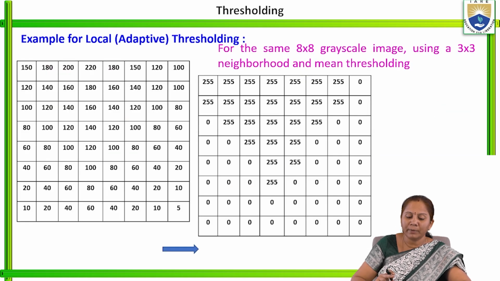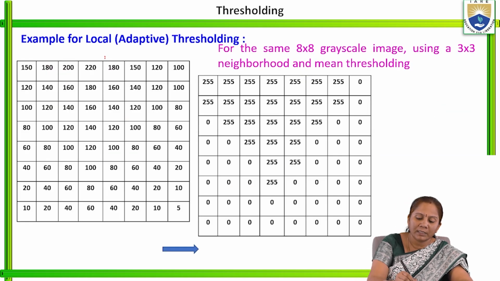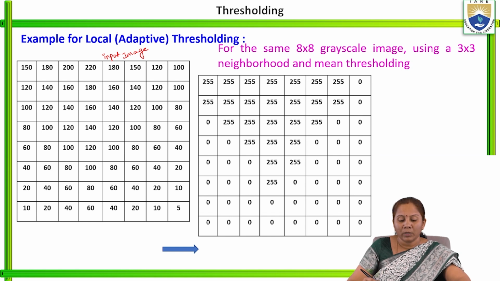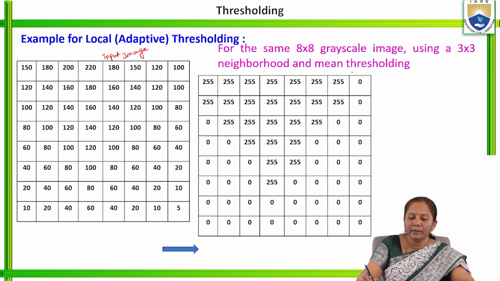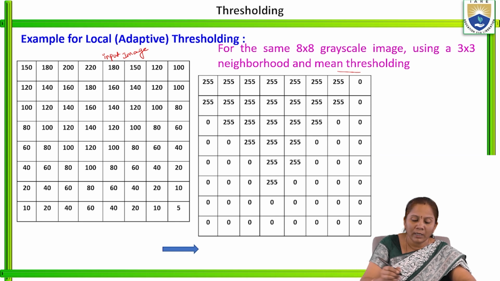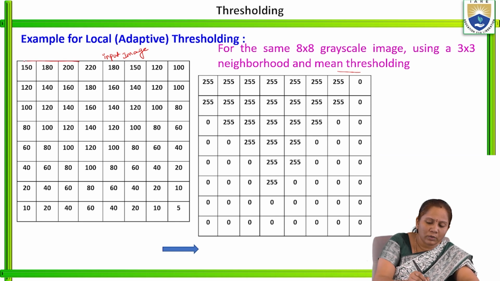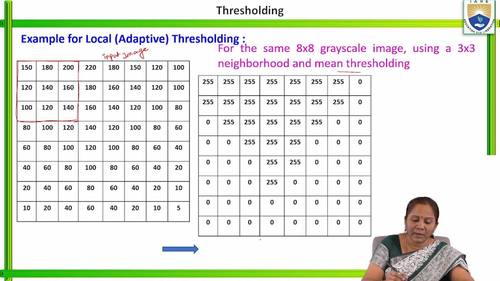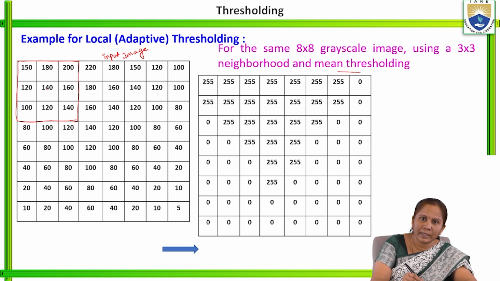Here an example is given. We have considered the same input image, which is a grayscale image. We have to apply mean thresholding. If we consider a 3 by 3 neighborhood size, select the pixel values, place the mask, and then this value can be calculated.